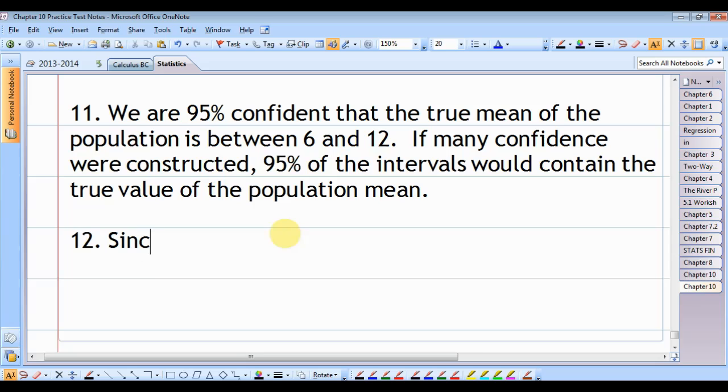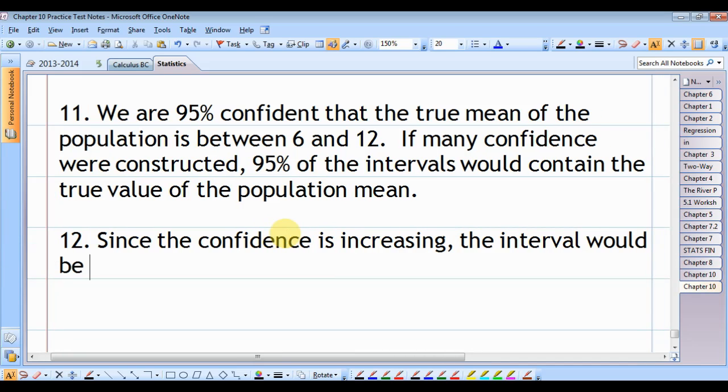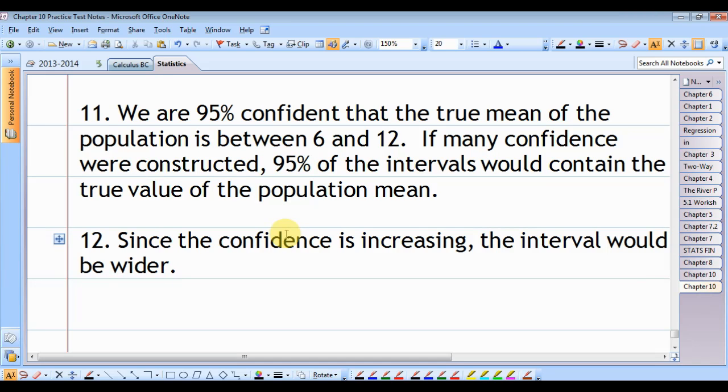Well, since the confidence is increasing, the interval would be wider. If I want to be more sure, I would want to include as many values as I can.